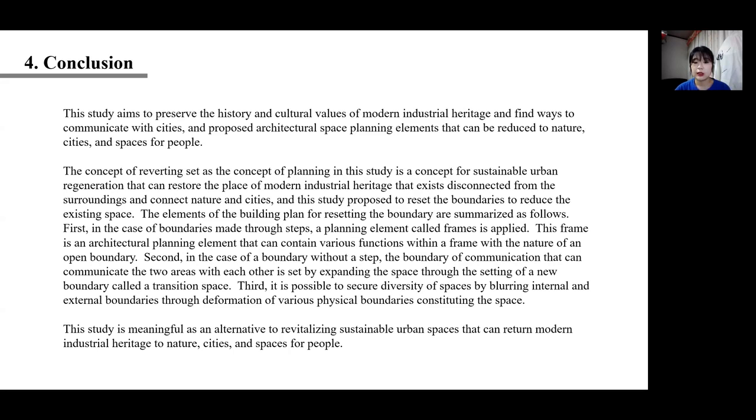Third, it is possible to secure diversity of spaces by blurring internal and external boundaries through deformation of various physical boundaries constituting the space. This study is meaningful as an alternative to revitalizing sustainable urban spaces that can return modern industrial heritage to nature, cities, and spaces for people.